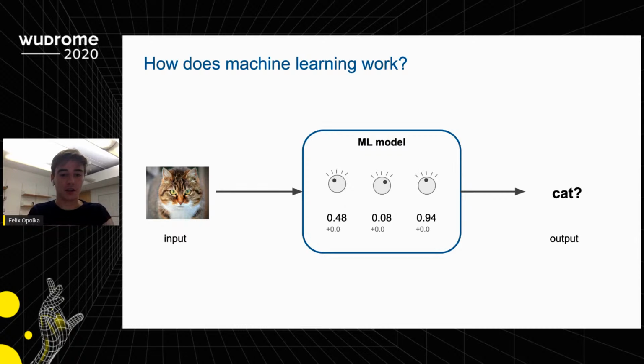We don't have to adjust the parameters. Next one, another image of a cat. Maybe we're unlucky this time, and it gives us a dog as an answer. Now, same thing again. We run our algorithm that tells us how we need to adjust these radio knobs, and then we adjust the parameters, and we hope that we get the right answer.